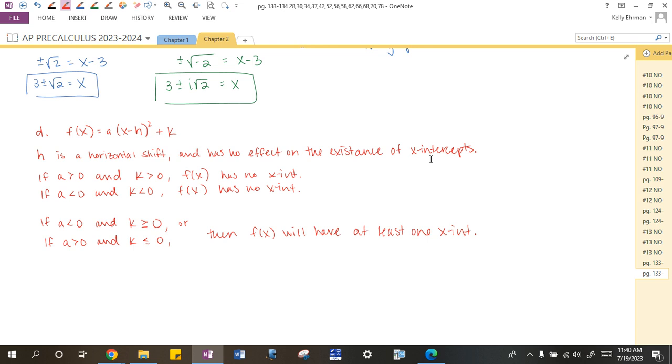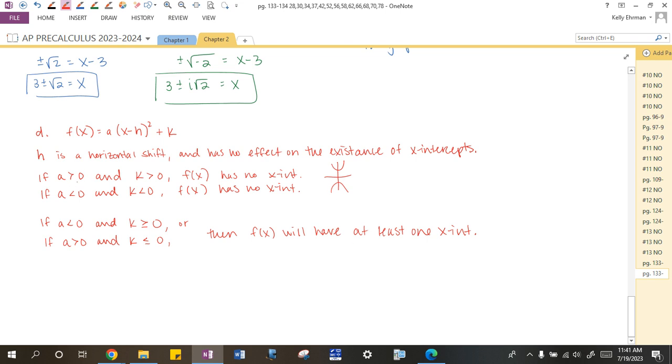So basically what I'm saying here is if a is positive, so the graph opens up, and k is positive, a vertical shift up, so that's this scenario, then you're not going to have x-intercepts. Or similarly, if the graph opens down and there's been a downward vertical shift, no x-intercepts.